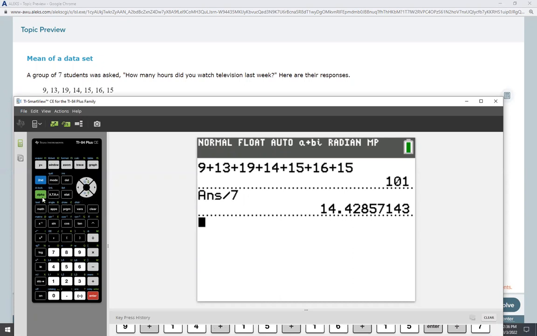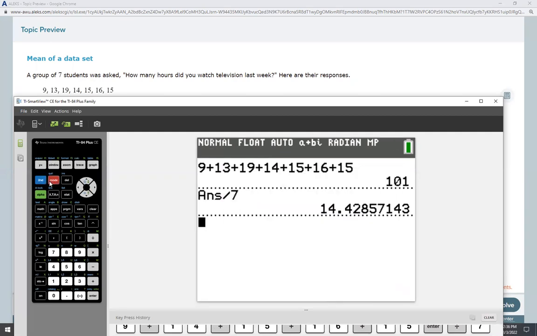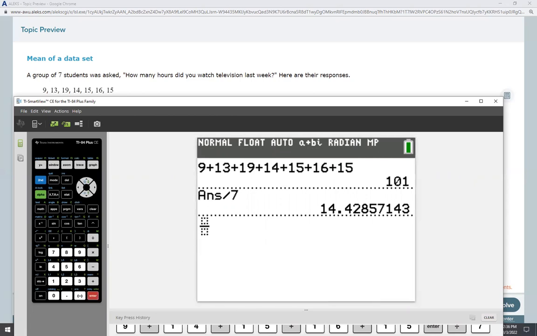Now, to help you with the count, you could also do green, y equals, and then option 1 that pops up is numerator over denominator. You have to make a fraction. Then you could say 9 plus 13 plus 19 plus 15 over 7, using the arrows to navigate around.